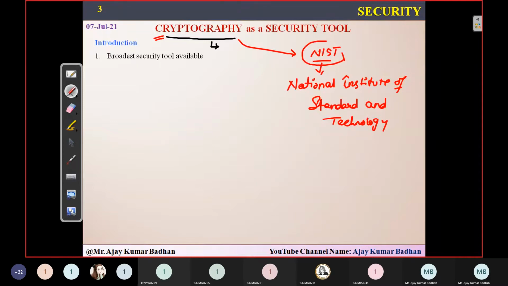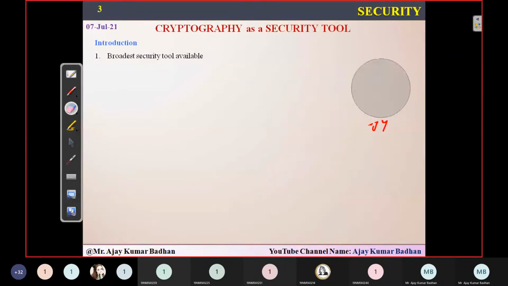They develop new types of technologies which can be standardized all over the world and used throughout the entire world. So this is one of the organizations. We have different organizations also, but this is the most popular among all of them. So the tool we are talking about here is nothing but cryptography, and this is one of the broadest tools we have.